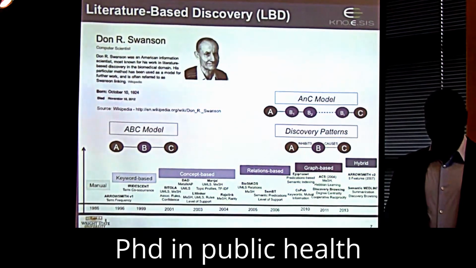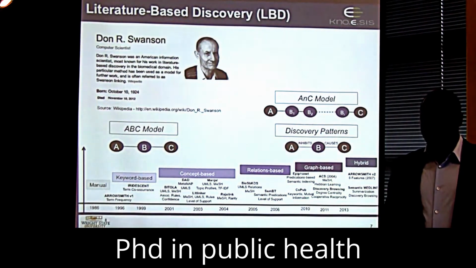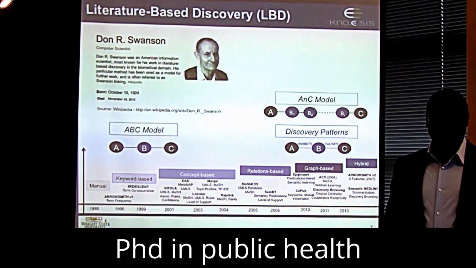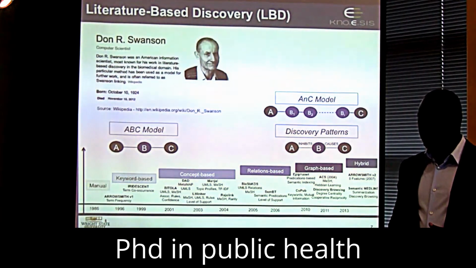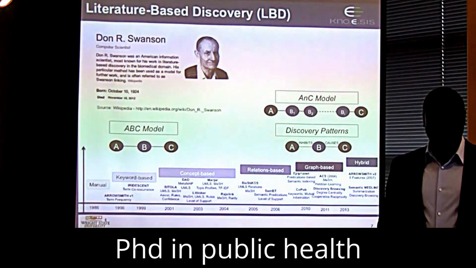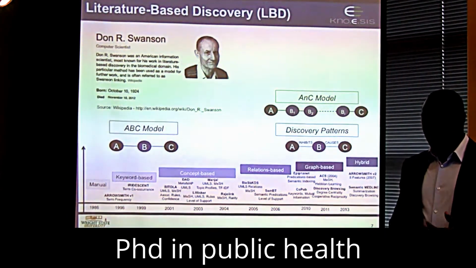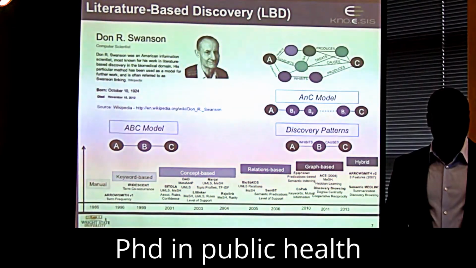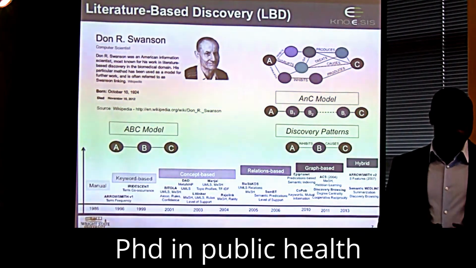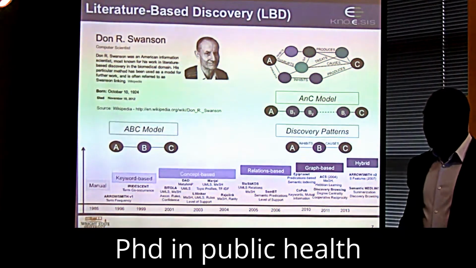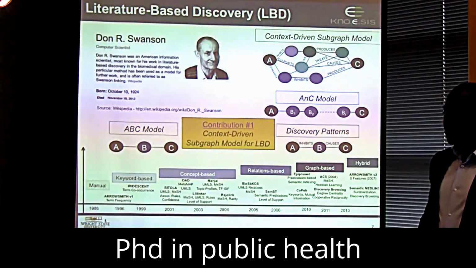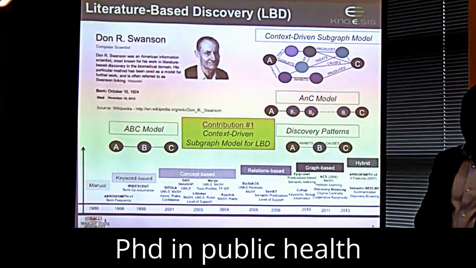What our JBI paper also showed, however, is that not only do we have these A and C connections, paths essentially between concepts, but in terms of elucidating and really understanding the deeper meaning of how things are connected, one might be able to create subgraphs where several of these paths come together based on context. And this is the basis for the context-driven subgraph model, which is the first contribution of this PhD dissertation research.